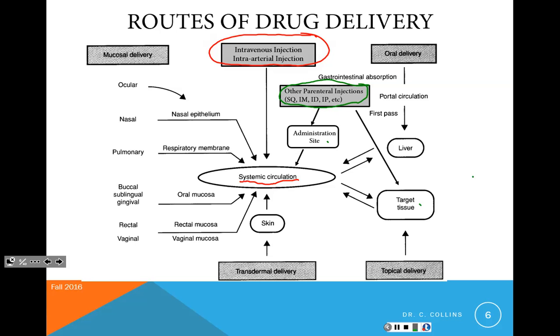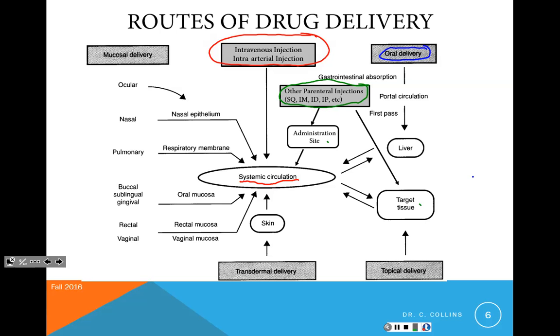Then you have the other extravasculars. Oral delivery is probably the principal category that you would think of, where we take advantage of the GI tract. Your small intestine, its main function is absorption.